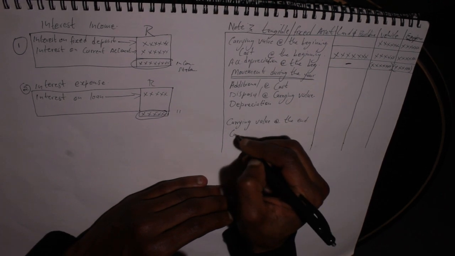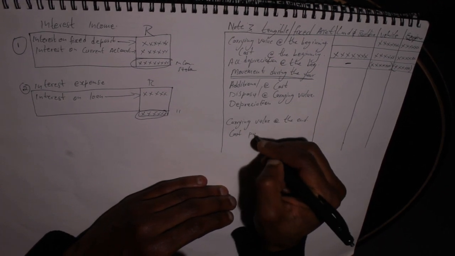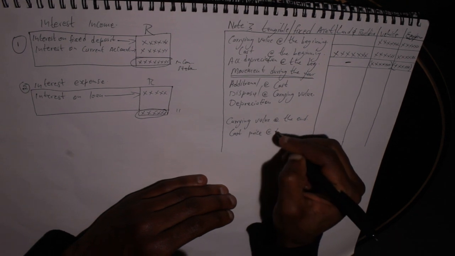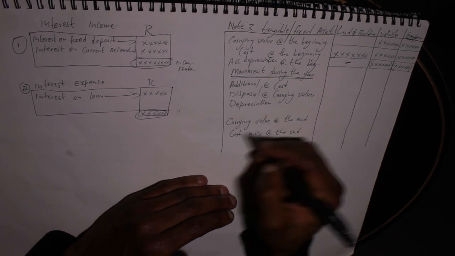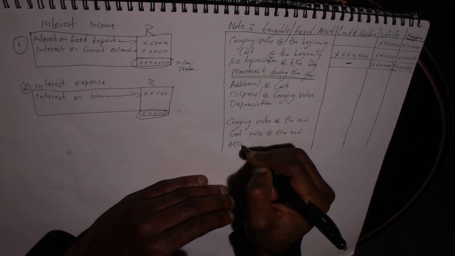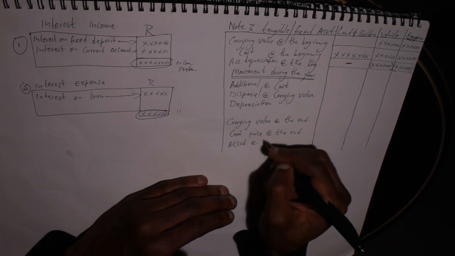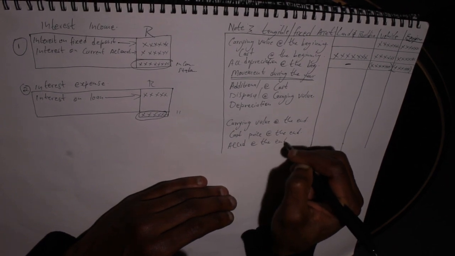Then we have cost price at the end, of course. Then we have accumulated depreciation at the end.